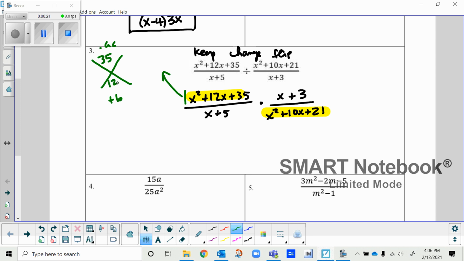B is 12. So it multiplies to 35 and adds to 12: 7 and 5. And because the A value is 1, we can do the shortcut method where we do not have to do grouping. So I just say this is x plus 7 times x plus 5. And then there's the x plus 5 on the bottom.